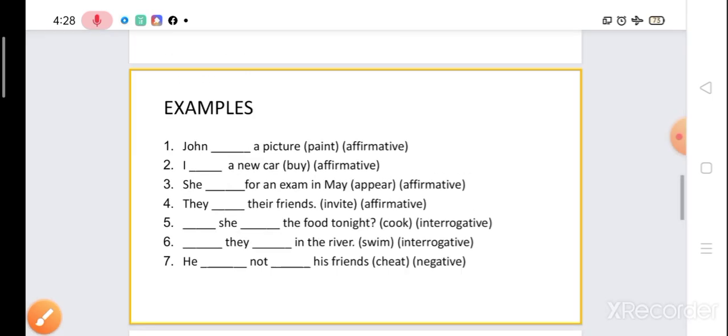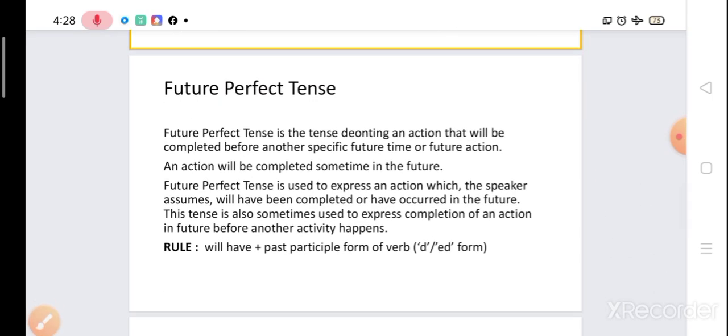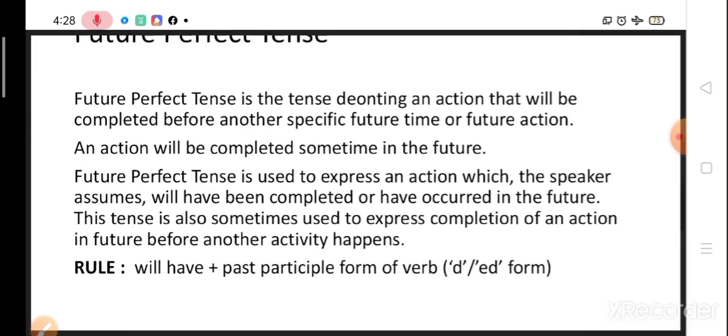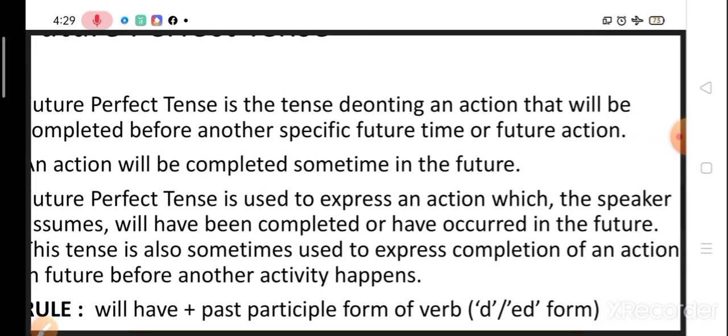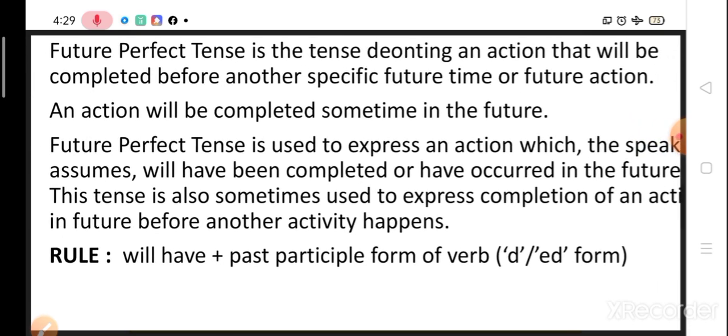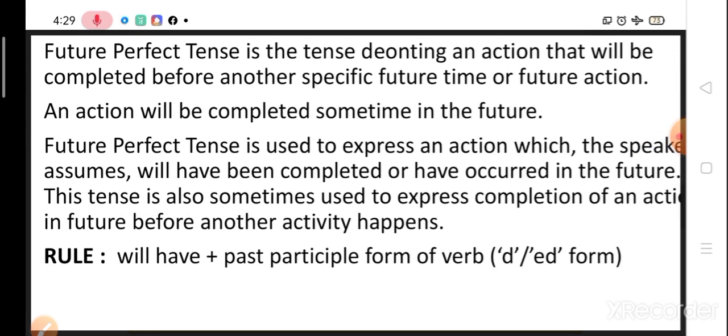Now moving ahead, the next type is future perfect tense. Future perfect tense is the tense denoting an action that will be completed before another specific future time or future action. An action will be completed sometime in the future.